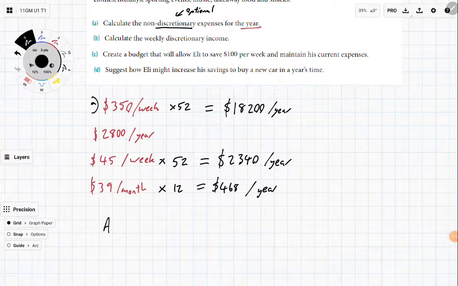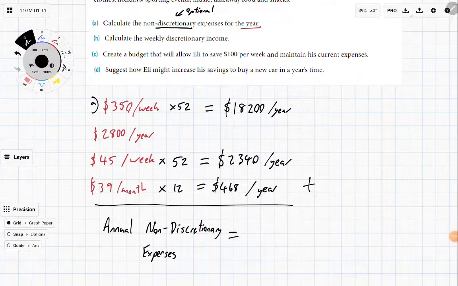So annual non-discretionary spending expenses is just going to be equal to the sum of all of this. So we're just going to add up these four numbers. Don't forget the $2,800 per year, and we get $23,808 of expenses no matter what. These are the stuff that you don't get an option about.